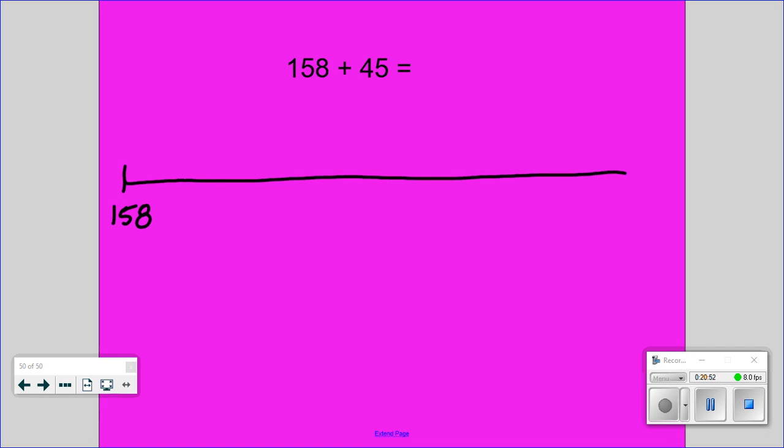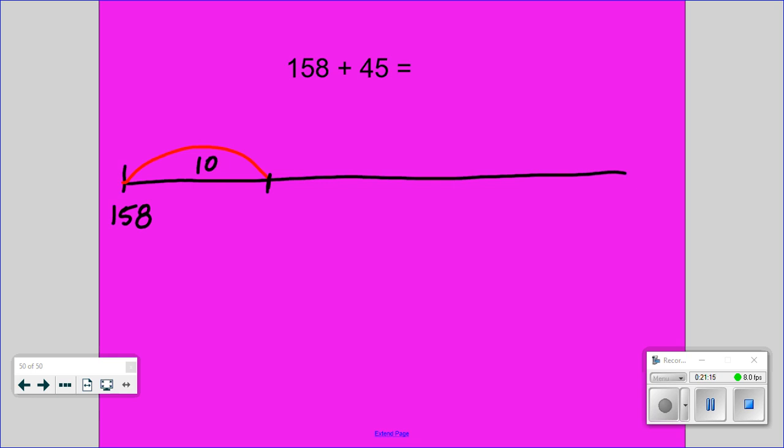From here, Eliana, what am I going to do? I can count by 10. Let me make a 10 jump. Alright, I made a 10 jump.